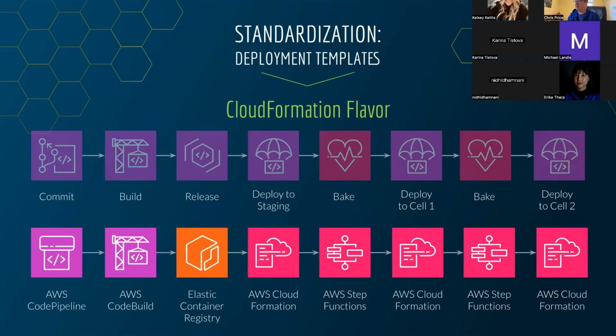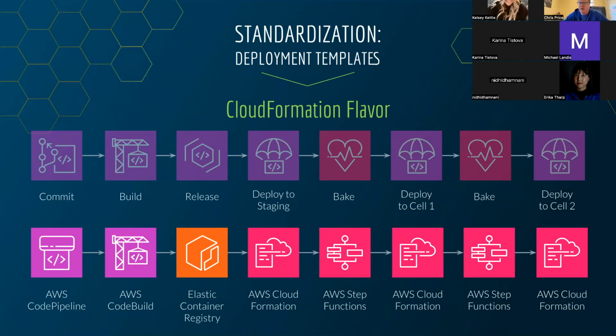So if we take this kind of standardized life cycle for deployment that we've defined here, and we go back and try to figure out what tools and technologies we can use to achieve it for a given tech stack that we might be using for our components, we can come up with a general set of tools to use for different flavors of microservices or different tech stacks that we're trying to deploy that still all adhere to this basic model.